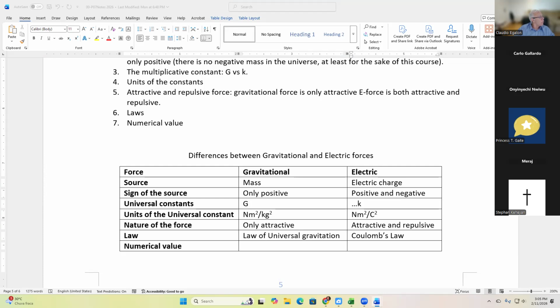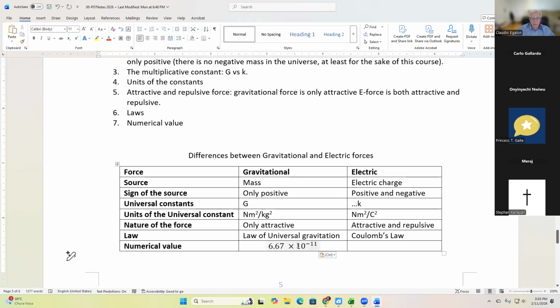Electric force. Here you go. The universal big G is equal to this numerical value times the unit, okay?